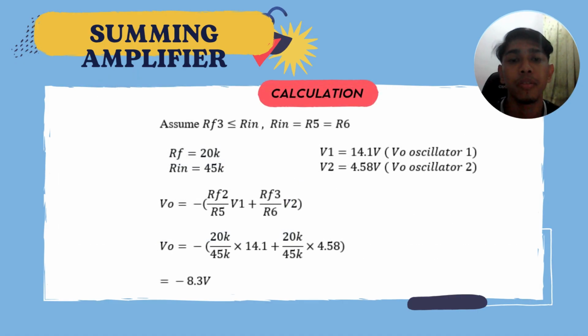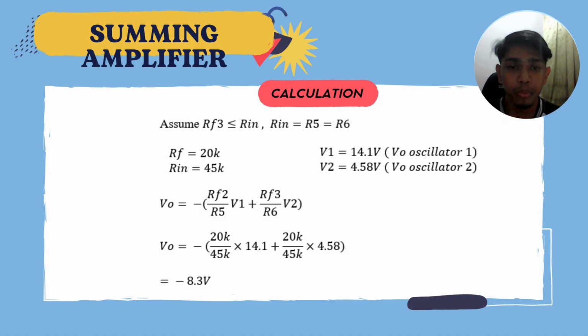This is the summing amplifier calculation. RF equal to 20k. For Rin is 45k. For V1, 14.1 volt, which is the V out of oscillator 1. For V2, we got 4.58 volt, which is the VO of oscillator 2. So we use the formula VO equal to RF2 over R5 multiply V1 plus RF3 over R6 multiply V2.